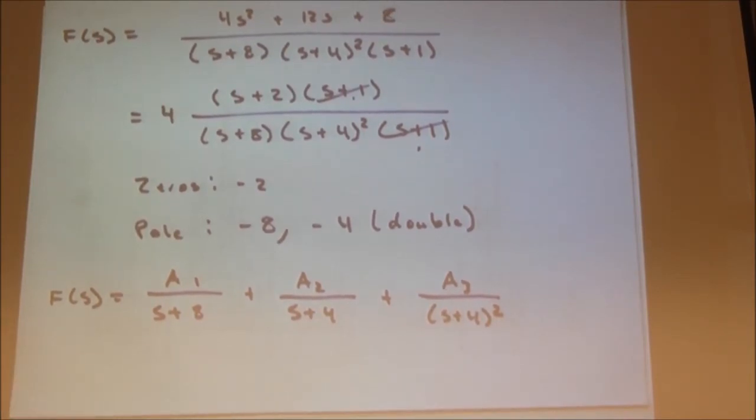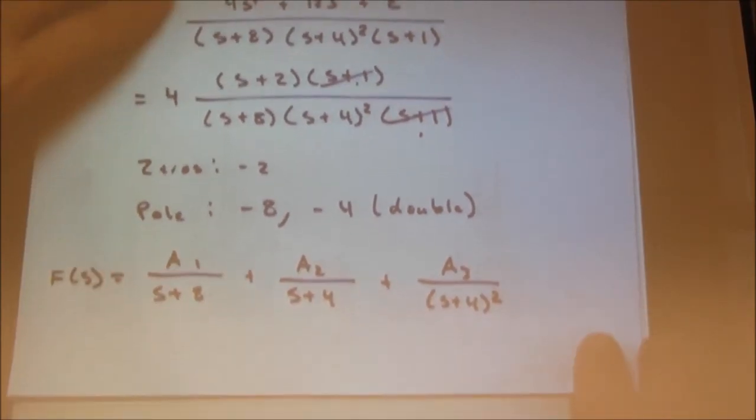So we include each term of our repeated pole, in this case double, so we have a first order term and a second order term. If we had a triple pole, we'd have s plus 4 cubed, et cetera. And so not much has changed other than we have this repeated pole, this higher order pole.